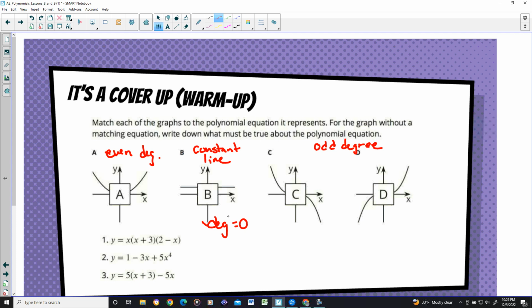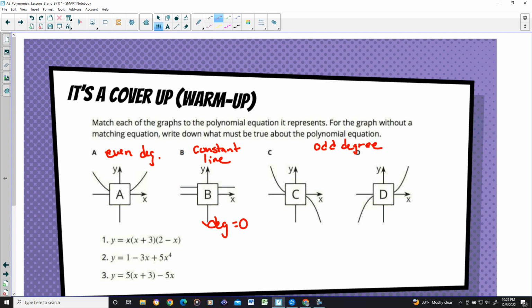Okay, so which graph is which? So let's see, y equals x times (x plus 3) times (2 minus x). Okay, so I guess the question is, oh, it's in factored form, right? So how do you find the degree? Well, let's figure out what that leading coefficient is, right? So remember, when you multiply this out, you're going to get that leading coefficient from all the x terms, right?